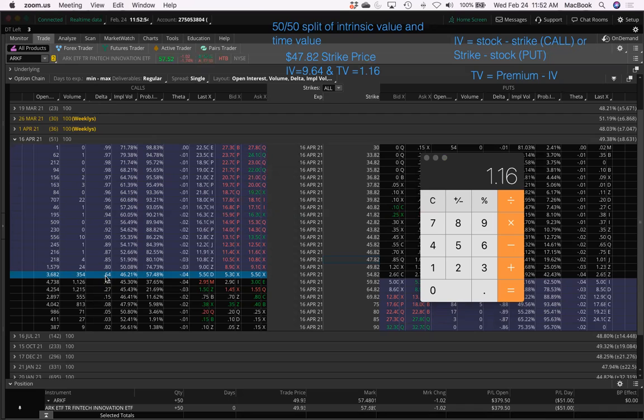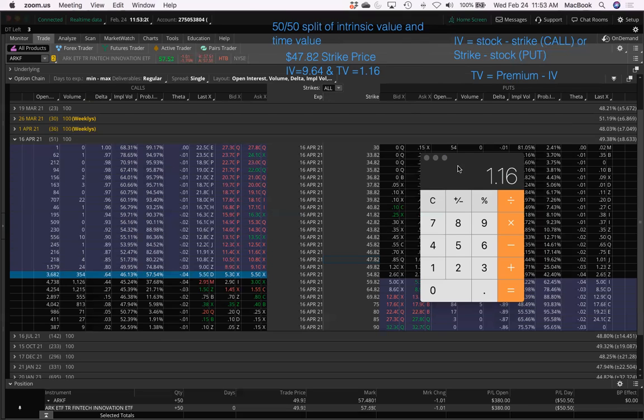If you pick a delta that's pretty close to a 50 cent delta, you're going to be getting something that's going to be providing somewhere close to a 50-50 split. So you can kind of start there, or by practicing, just start with the strike price, do the simple calculation that we just did, and then you'll be able to find what your 50-50 split is.